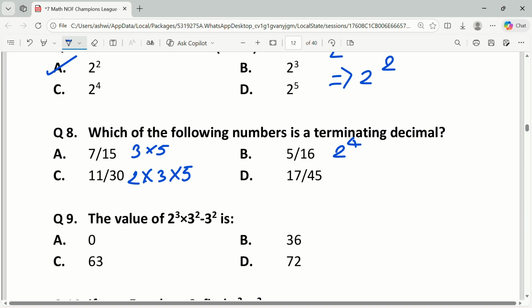And 17 by 45, denominator is 45, which is 3 to the power 2 into 5, contains factor 3, so non-terminating. Hence the answer is B, 5 by 16.